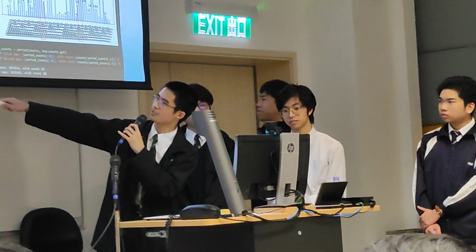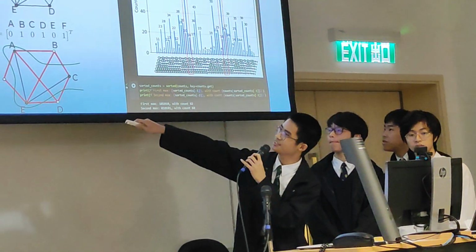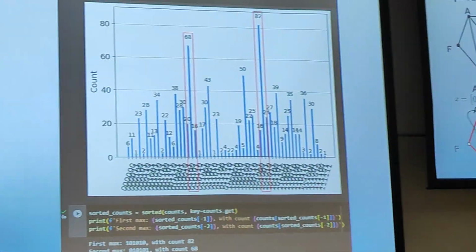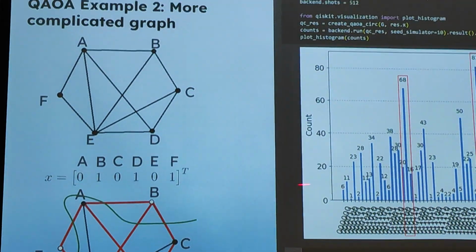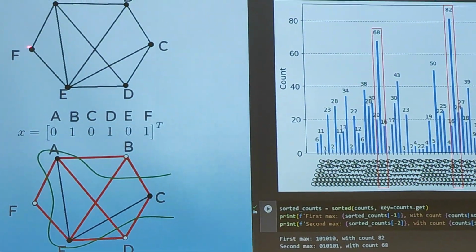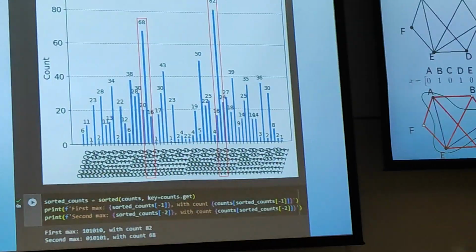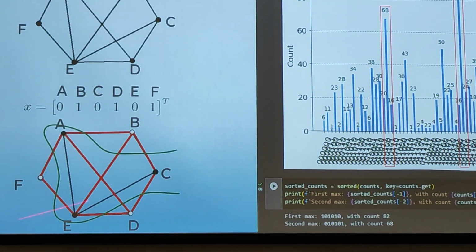We also have an unweighted variant for a more complicated graph with 6 vertices. After some computation from the classical algorithm, we can see that the state vector is 0, 1, 0, 1, 0, 1 for the maximum cut, which means that A, C, and E are in one group, and the rest are in the other group. You can also imagine this as a single line cutting through all of these edges, the red lines.